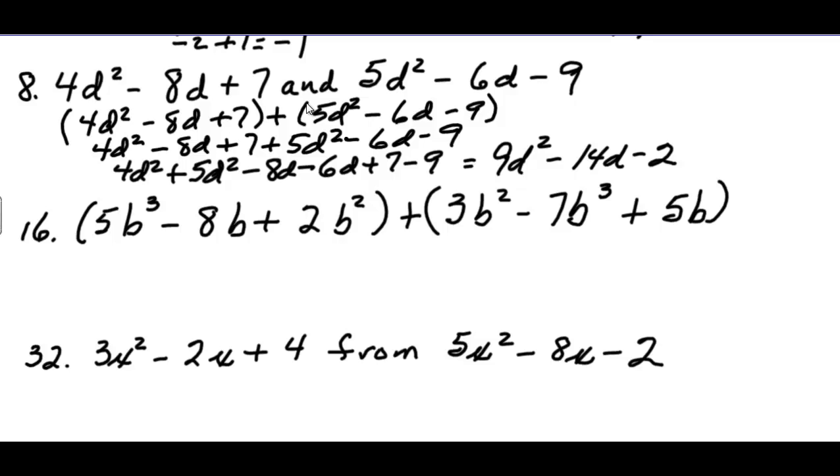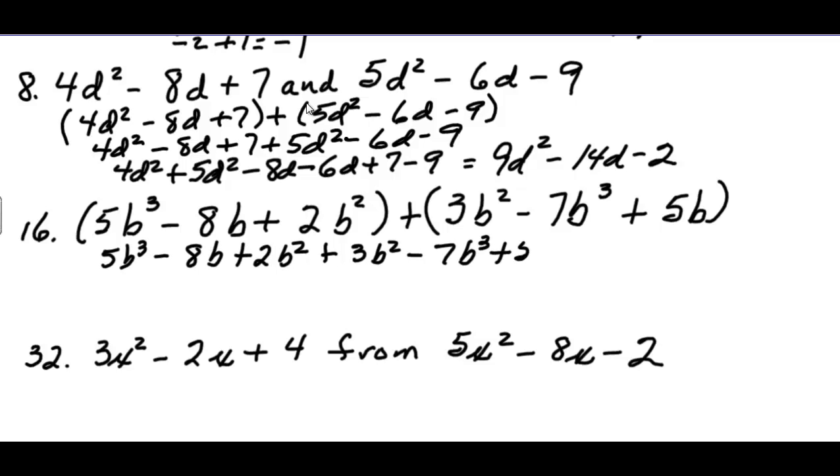So we just remove the parentheses. 5b cubed minus 8b plus 2b squared plus 3b squared minus 7b cubed plus 5b.